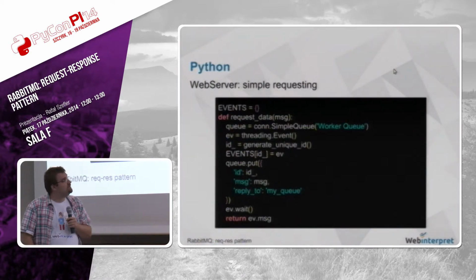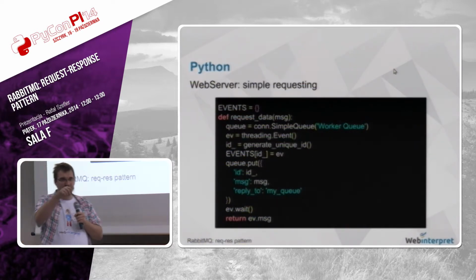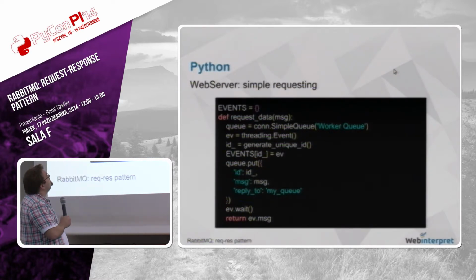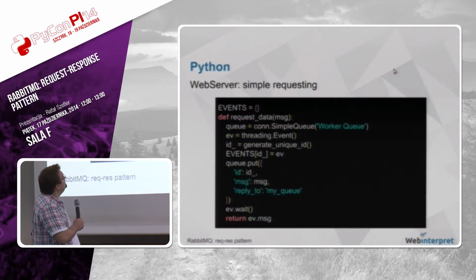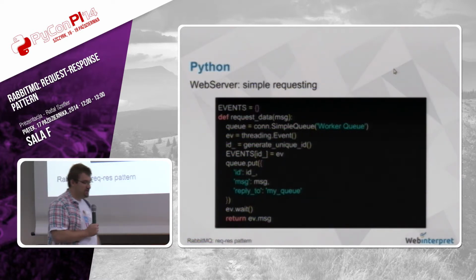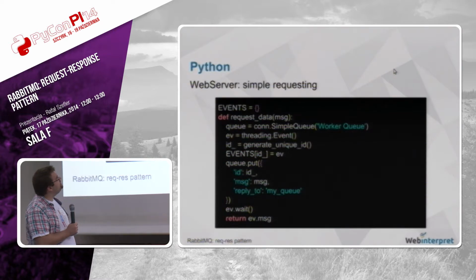Code. Now, we start with the request, so the beginning of the upper part of the diagram I've shown you. This is quite simple. We store events in the global events dictionary. And I am using here event objects from the threading library. The application connects to RabbitMQ, to the worker queue.